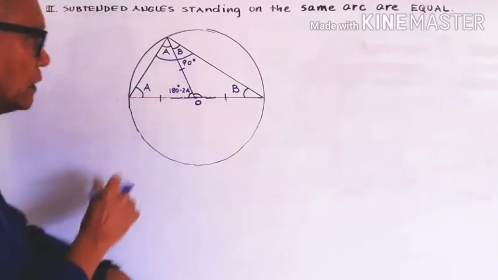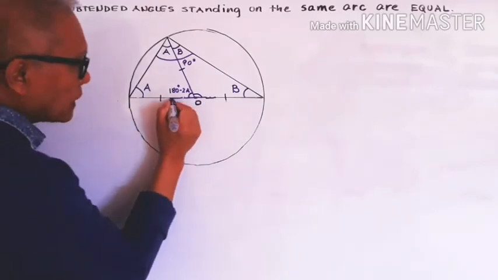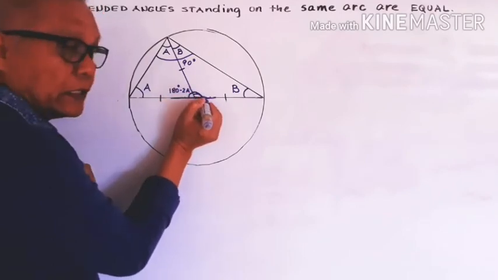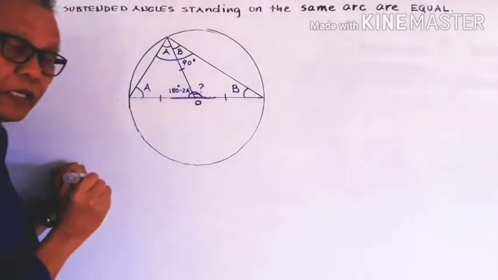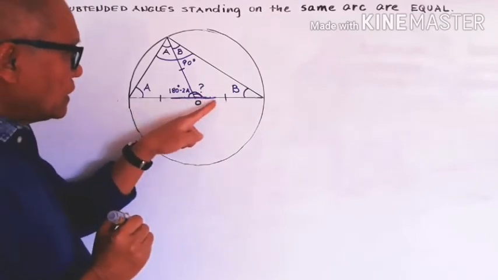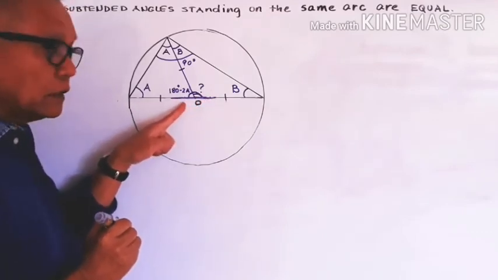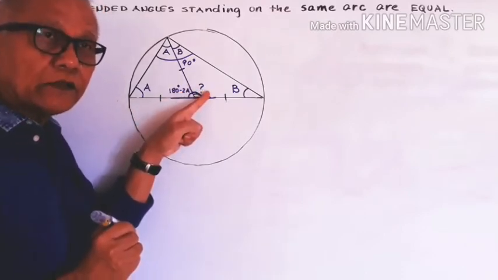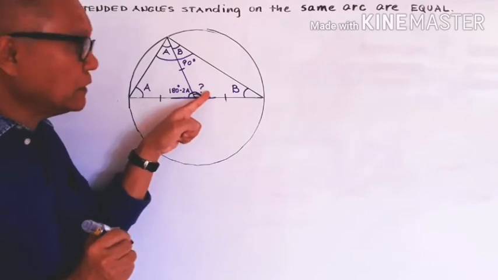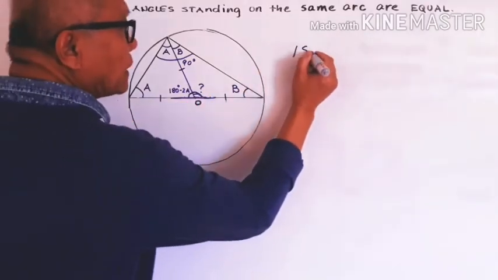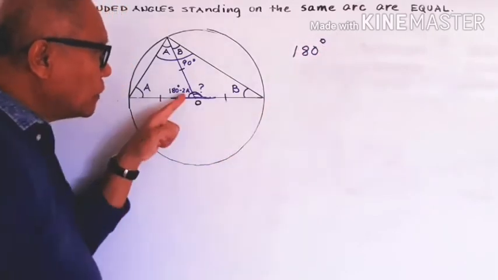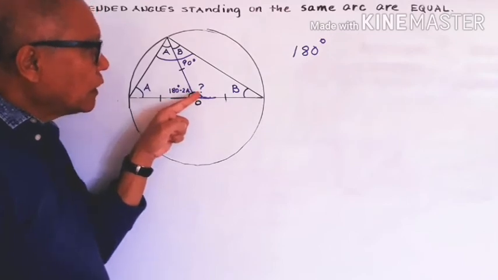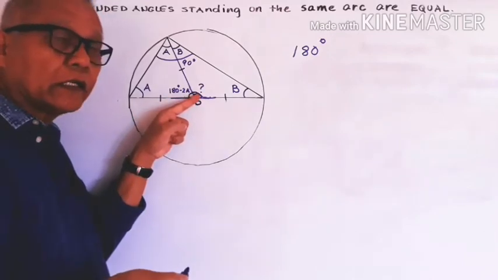We have a straight line, and we want to find the unknown angle. This angle and this angle are supplementary angles. Therefore, the sum is 180 degrees. We just subtract the 180 minus 2A, and we have that angle there, the question mark.